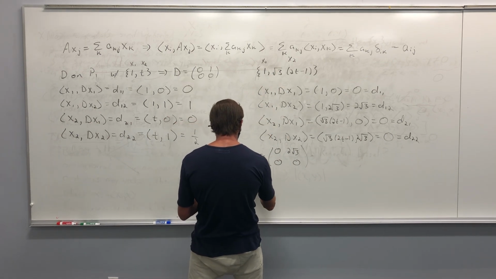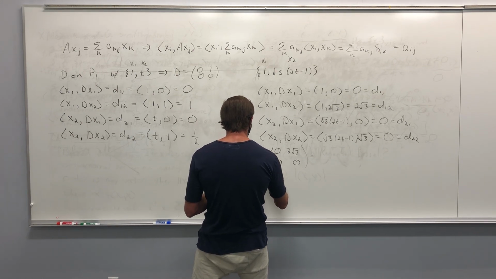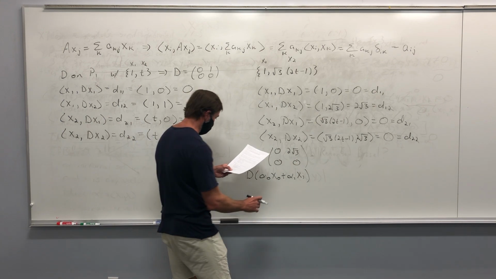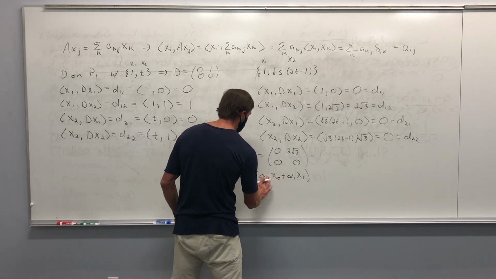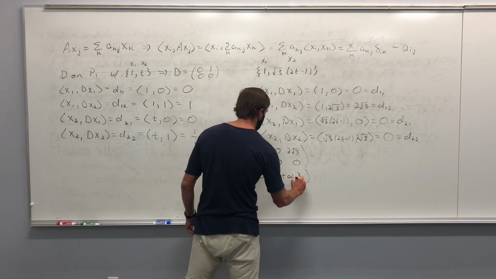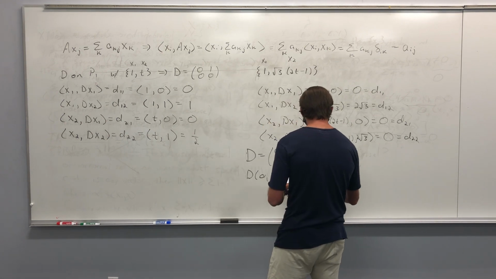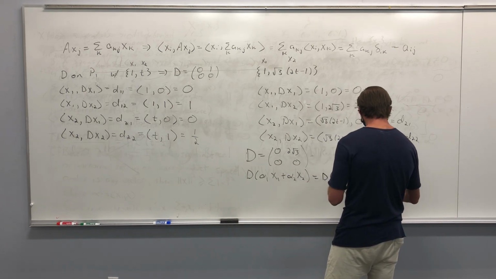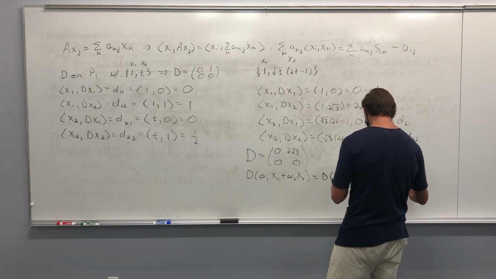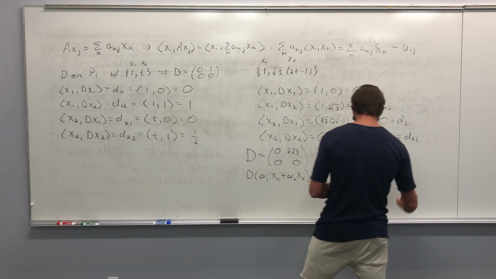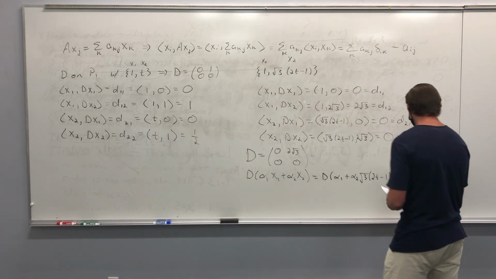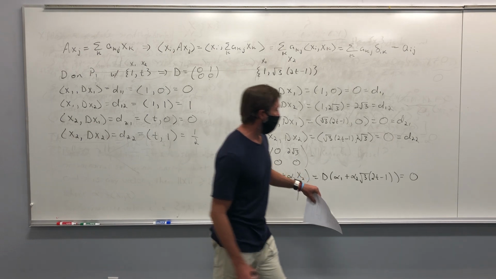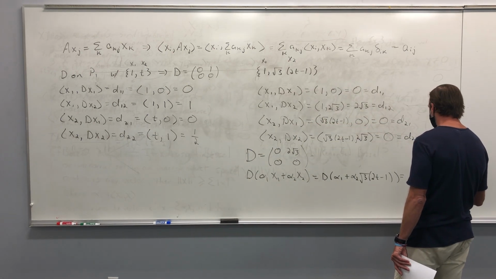If I want to act on a vector alpha 1 plus alpha 2 times root 3 (2t minus 1), then D of alpha 1 is 0, and D acting on this thing gives 2 root 3 alpha 2.